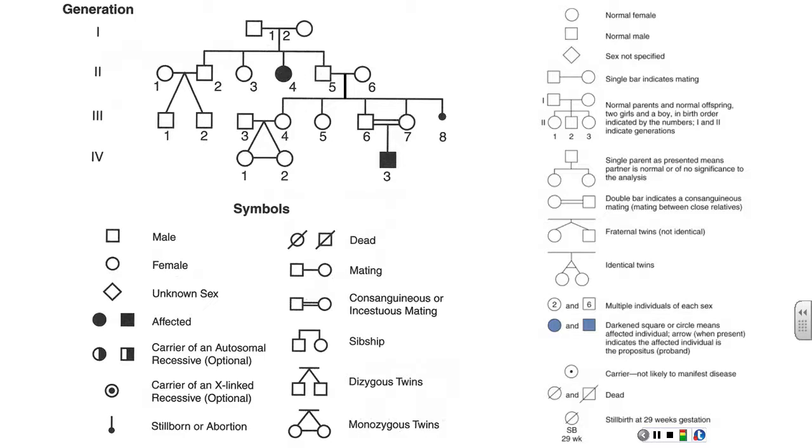More commonly, you'll see in pedigrees, consanguineous matings between cousins, for example. And we'll talk a little bit about what the consequences of consanguinity are a little bit later on. I can let you know right now that it's not going to be a good thing genetically.